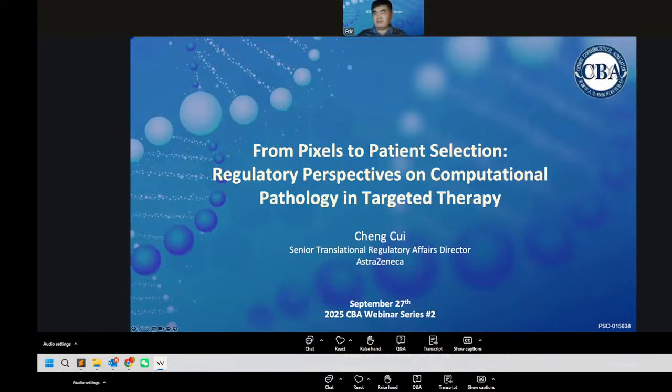From November 2020 to March 2022, Dr. Cui joined Janssen, where he served as a regulatory affairs director for the use of digital health technology in drug trials. Since April 2022, Dr. Cui joined AstraZeneca as the Senior Translational Regulatory Affairs Director. He has been playing a critical role in the development and implementation of computational pathology innovations in drug trials to enable precision medicine.